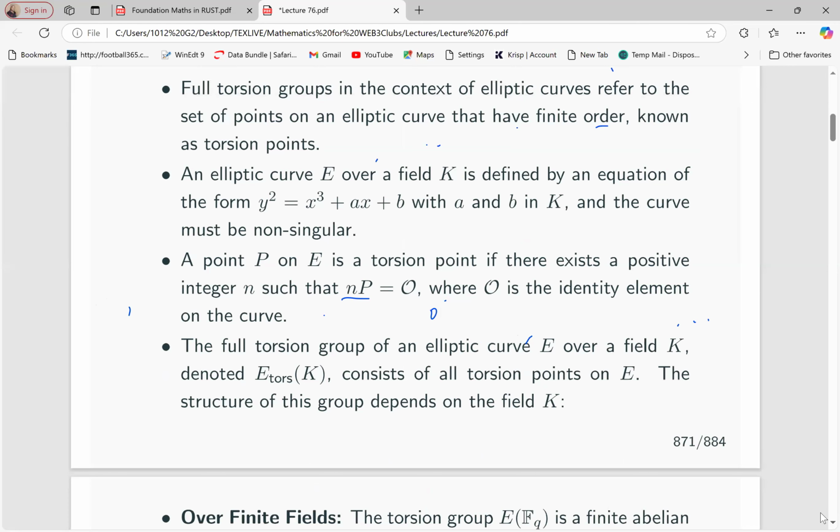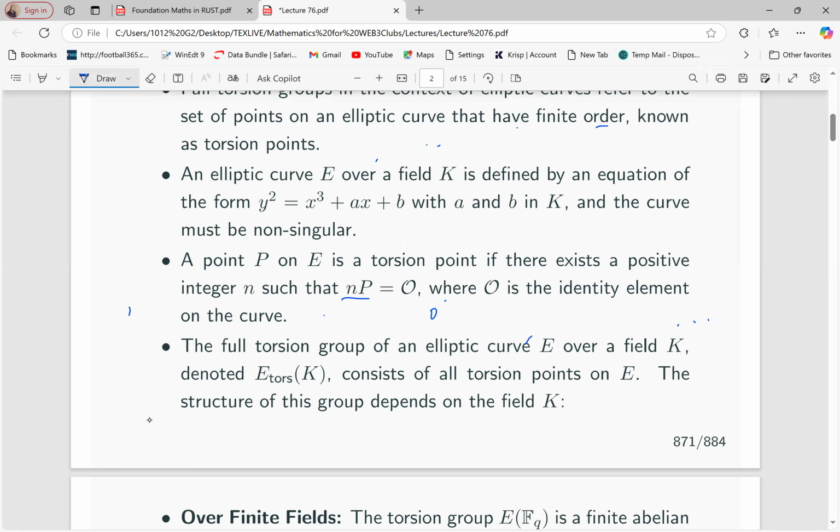Now, so I've explained what a torsion point is, and so what about the full torsion group? Once you find all those torsion points, as we've explained above, all those torsion points will form a group if you put all of them in curly brackets.